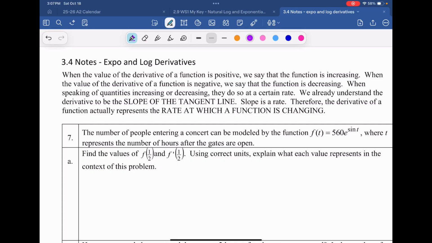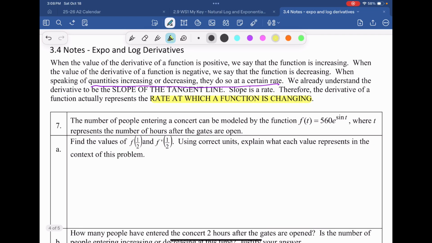If it's decreasing or increasing, that is a rate of change. All right, so when we're speaking about quantities like it says right here, they're doing so at a rate. The derivative represents the rate at which a function is changing, which means it's incredibly important to read what those variables mean.